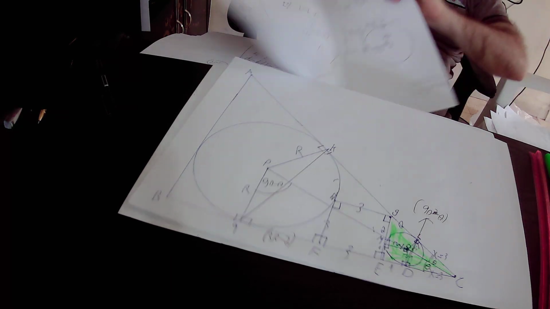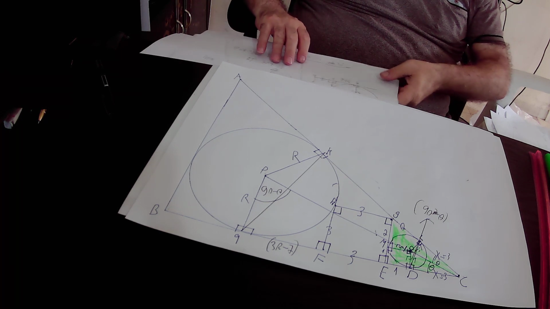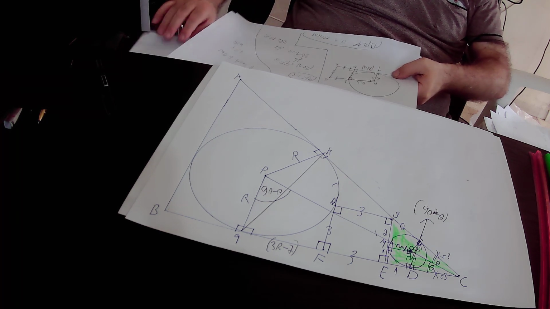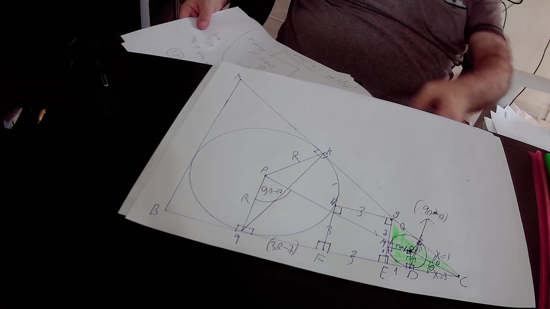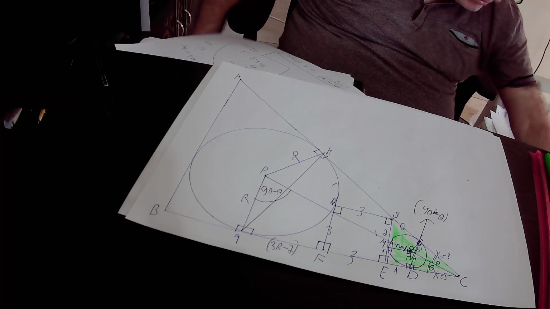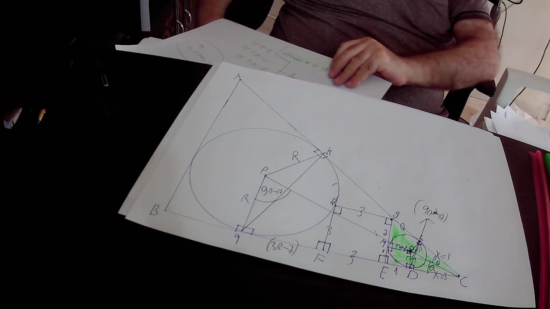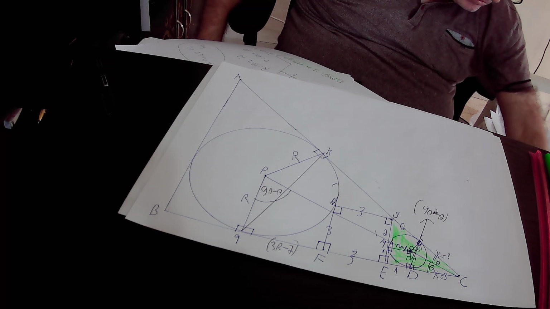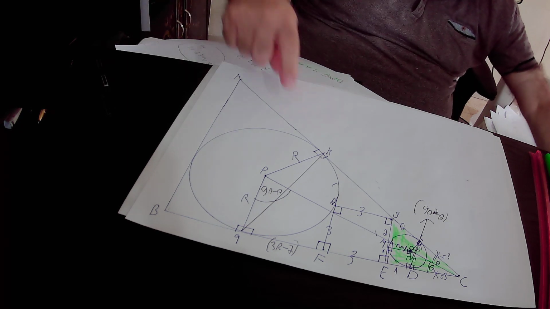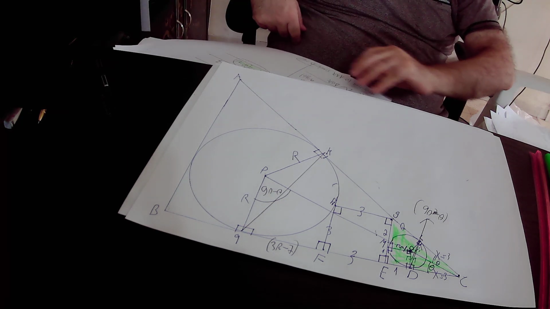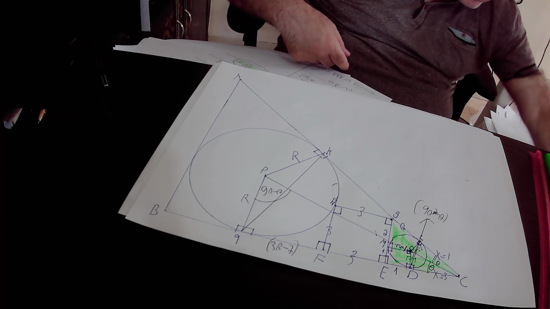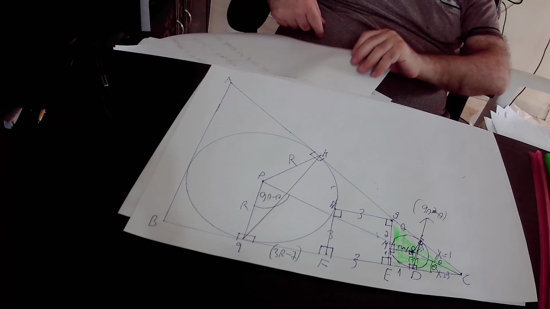Okay, so first of all, in this lecture we used 3 rules in order to find out the radius of this big circle. So I present to you again the 3 rules that we used in this question.